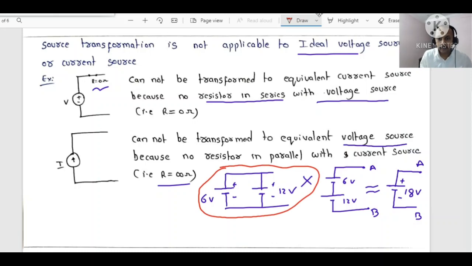Similarly, you can now guess for the current source. Observe, somewhere you have seen like this.